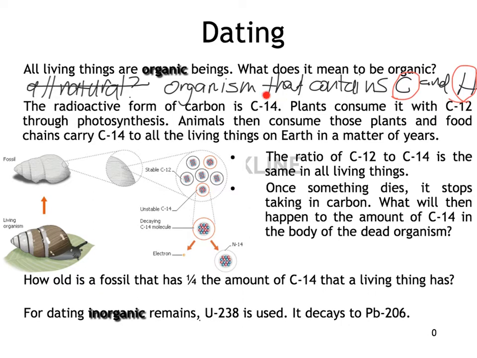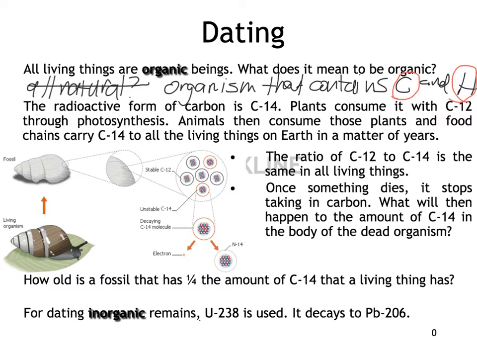It's carbon-14. Now, most carbon atoms are carbon-12, but some of them are carbon-14, and those are actually radioactive, and that means they have a half-life. I believe their half-life is above 5,000 years, like 5,860, something like that.